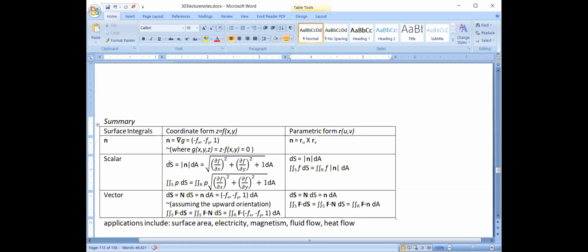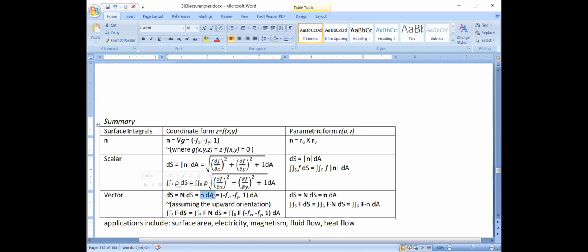Now, what about a vector surface integral? For a vector surface integral, you'll need to convert your d of oriented S, which by definition is the same as unit normal big N dS, which we know just converts as normal vector little n dA. Now that's always true.